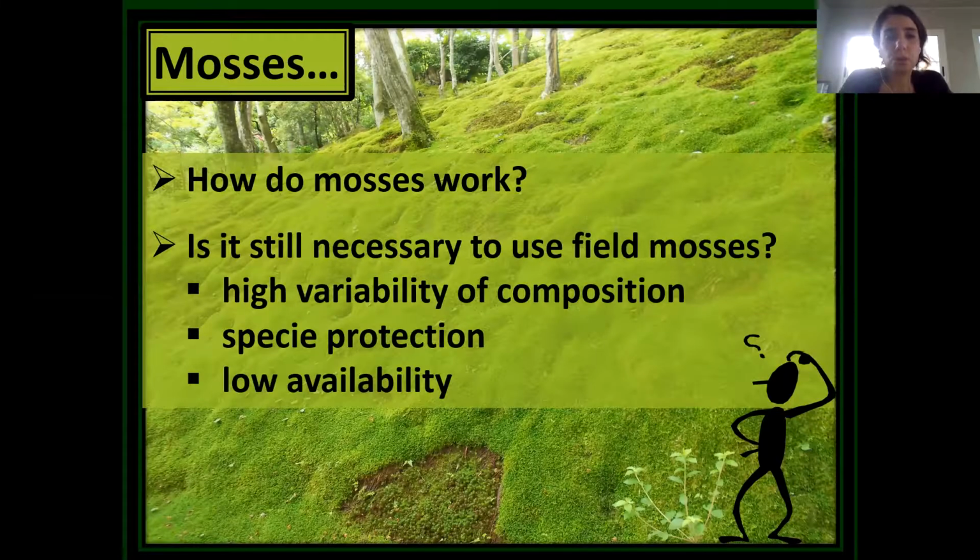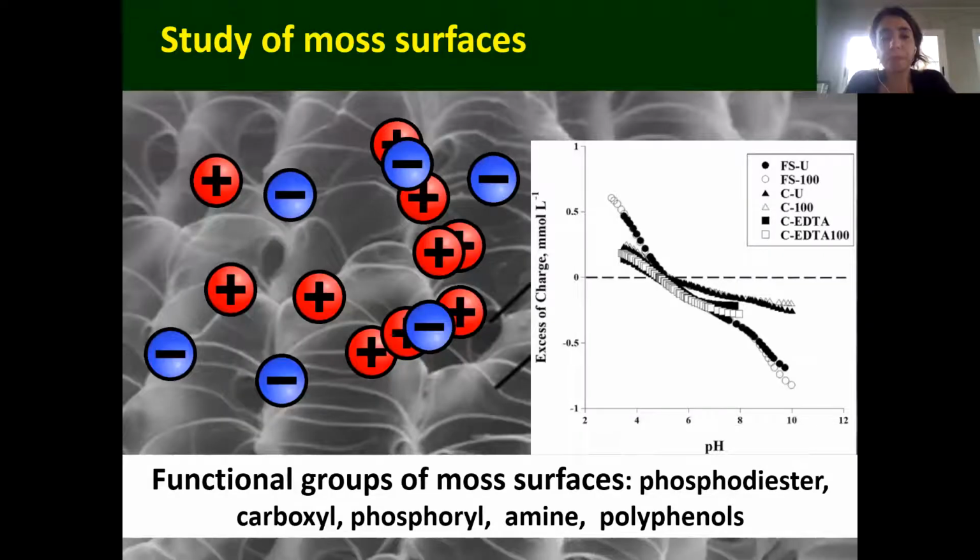So the solution can be the use... So for the first question, it is necessary to study the chemical properties of MOS surfaces, because on the MOS surfaces, if you do, for example, titration analysis, acid-basic analysis, very simple analysis, you can evaluate how much charges, so functional groups, are present on MOS surfaces.